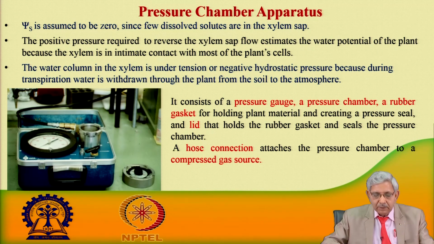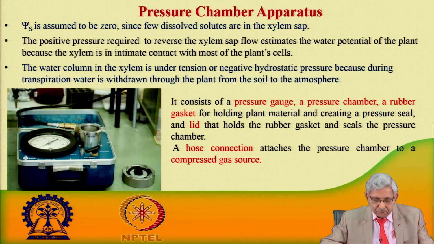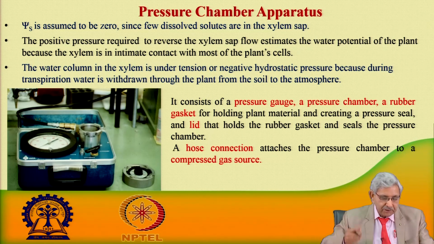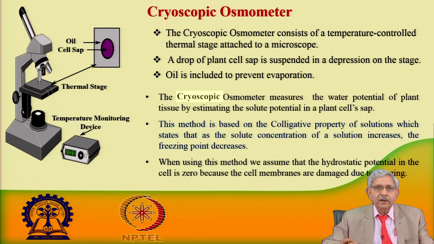Any pressure chamber apparatus consists of a pressure gauge, a pressure chamber, a rubber gasket for holding the plant's leaves or a particular part of the plant and creating a pressure seal, and a lid that holds the rubber gasket and seals the pressure. A hose connection attaches the pressure chamber to a compressed source. When the pressure is applied, the applied pressure is measured, and then how much water comes out is measured.